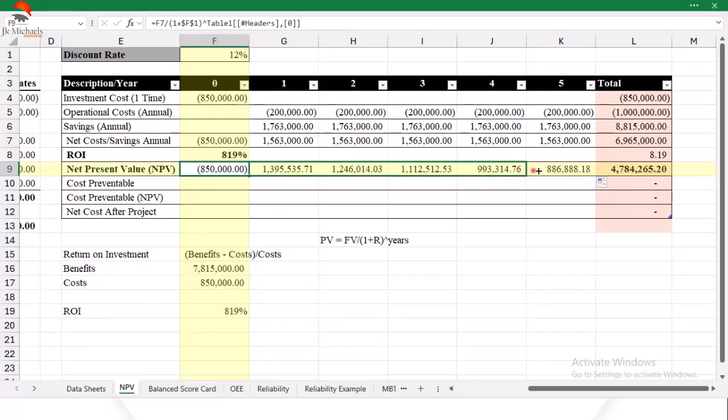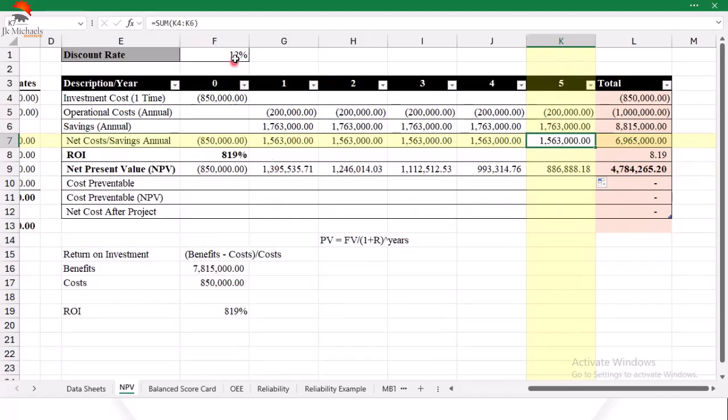Even though we seem to have received 1.5, I mean, our net savings is 1.5 in year 1, 1.563 in year 2, 1.563 in year 3, and until year 5.